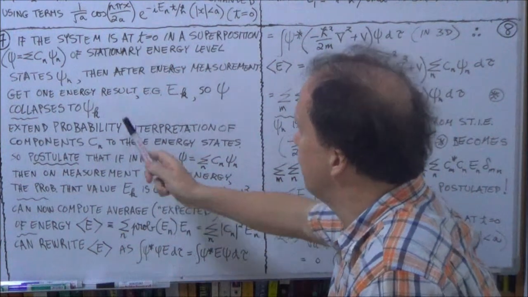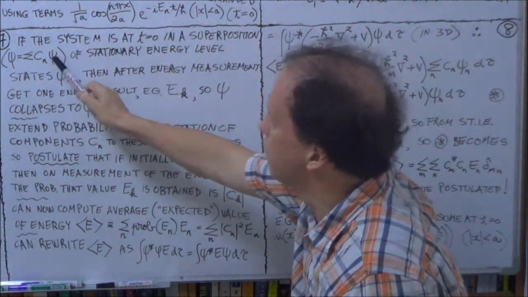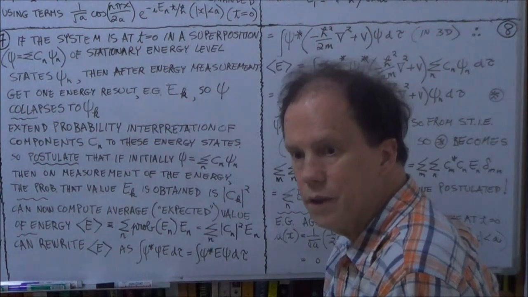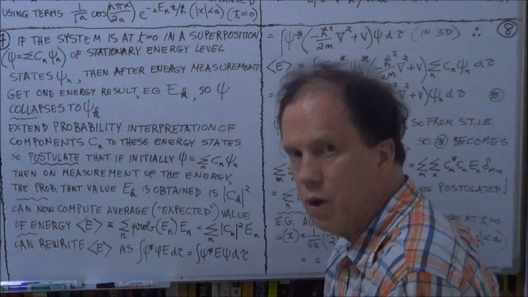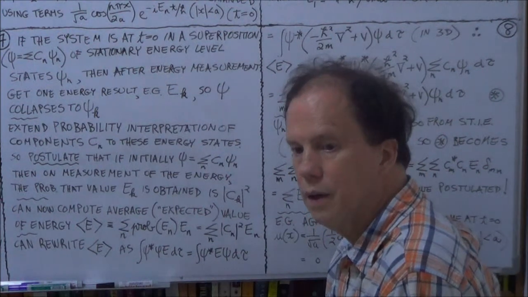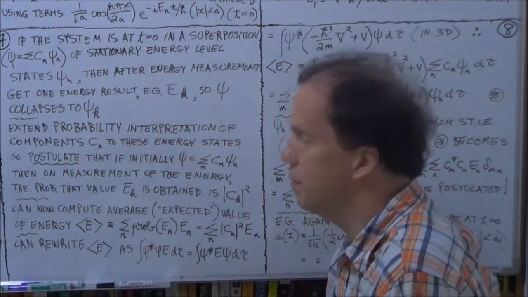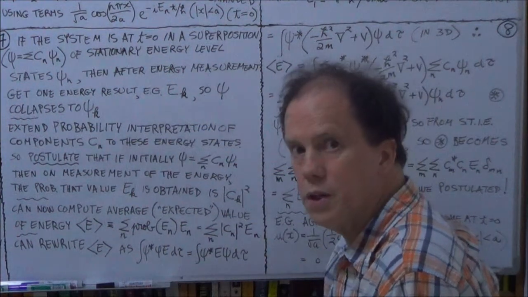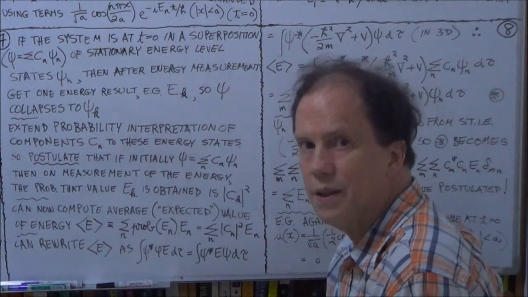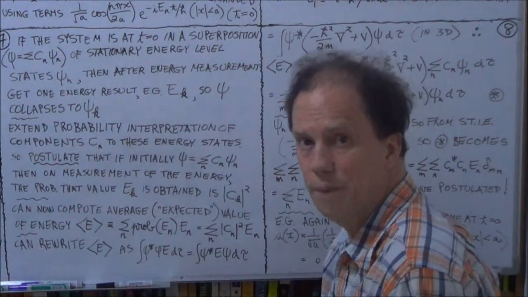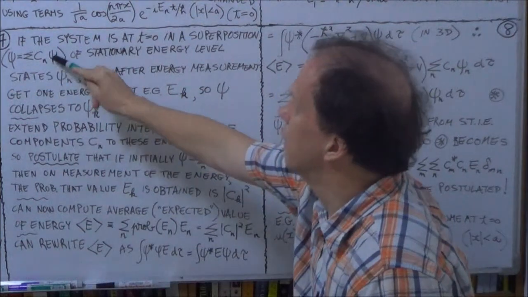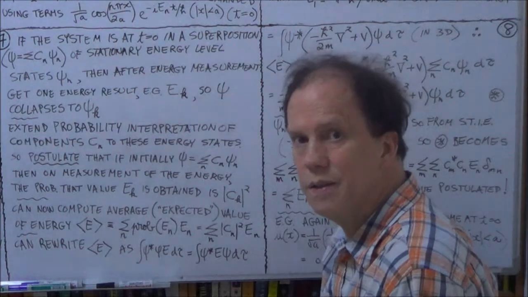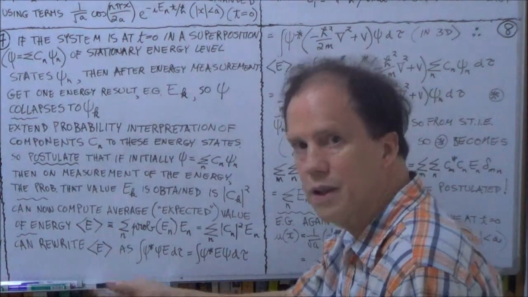So if these wave functions now are eigenstates of your Schrödinger equation, where your eigenvalues are the allowed energy values, then you can look at your Schrödinger equation as an eigen equation, where these wave functions are eigenstates, eigenfunctions, same thing.